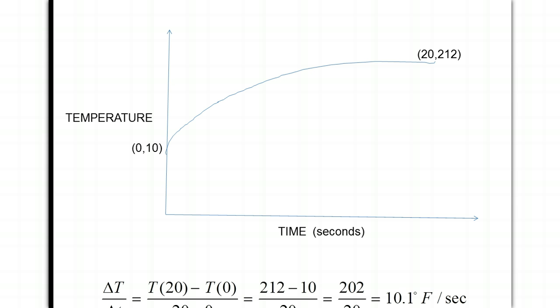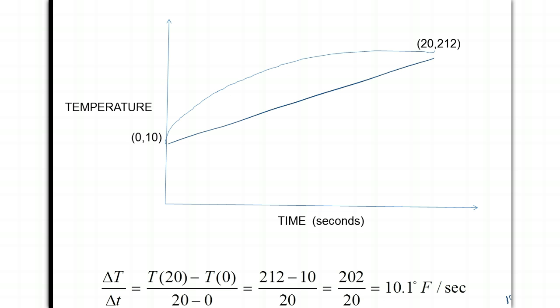And if I find the slope of my secant, which would be change in temperature over change in time, and I'll draw that for you like that, then I can find the slope of that, change in temperature over change in time, and I've got the work shown right here.